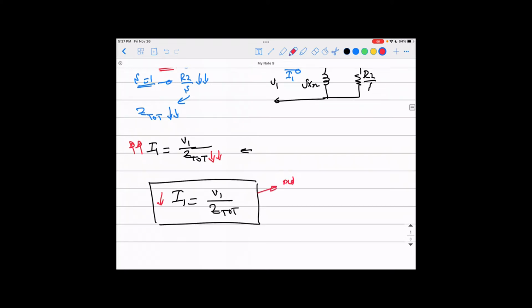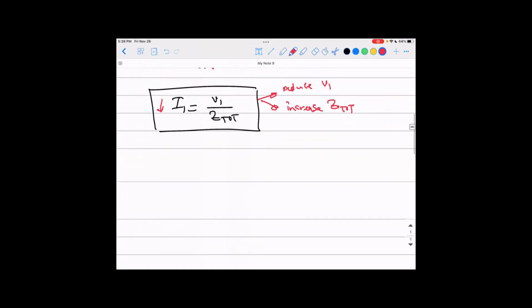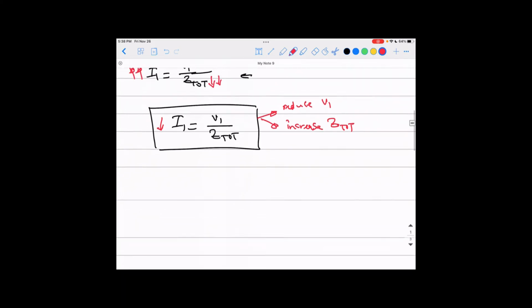Option 1, reduce the voltage V1, or option 2, increase Z total. So you either reduce the voltage applied to the machine or increase the machine's internal impedance. How do you do this? There are different methods, and we'll go through the most important ones. But the most basic idea is that if you want to reduce this current, just go to the equation.